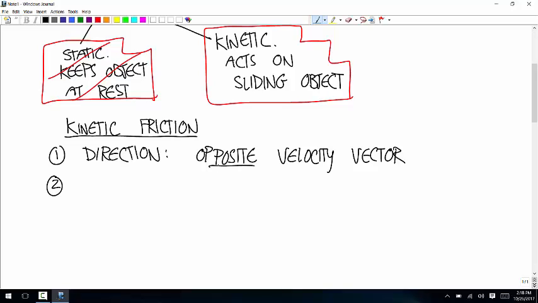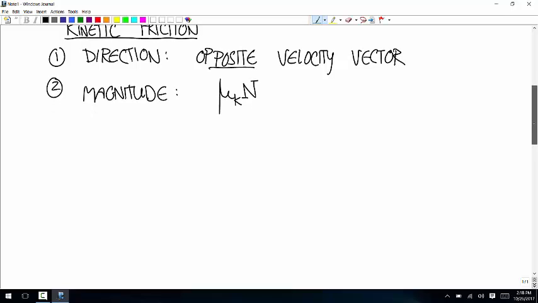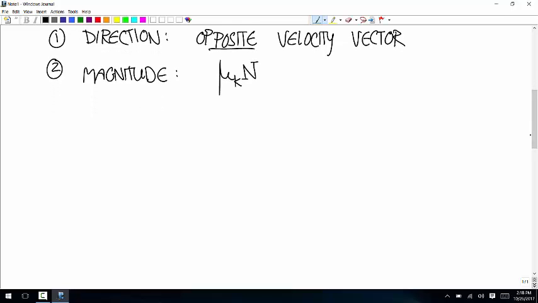And then the magnitude is this constant, the Greek letter mu, sub k for kinetic, times the normal force. Okay, so let's do some examples.